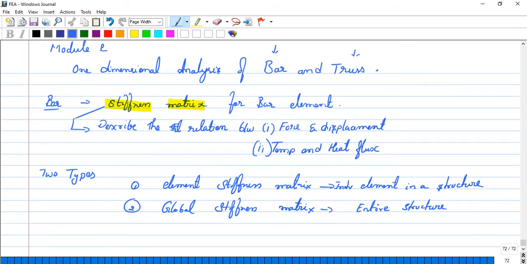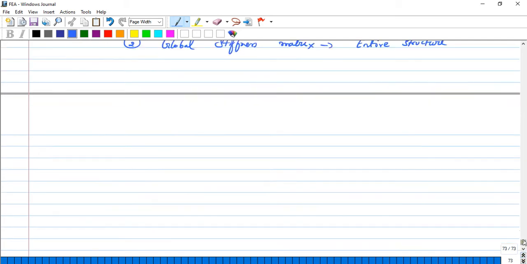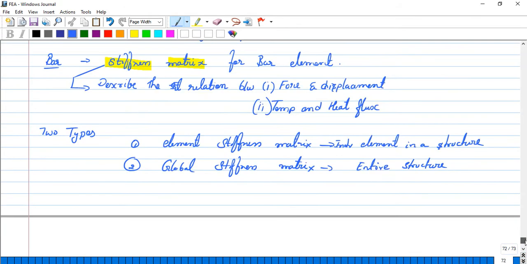We have certain steps where you can derive the equation for the stiffness matrix. There are a total of three methods to determine the stiffness matrix.